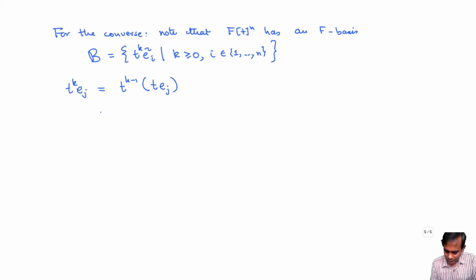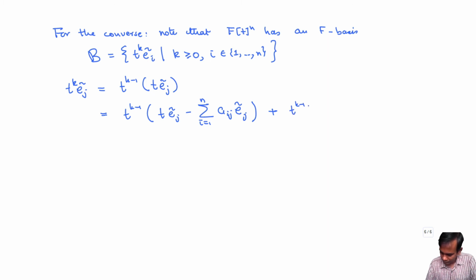But this can be written as t^(k-1) times, well, this should be e_j tilde, t e_j tilde minus the summation i goes from 1 to n a_ij e_i tilde, plus t^(k-1) summation i goes from 1 to n a_ij e_i tilde.